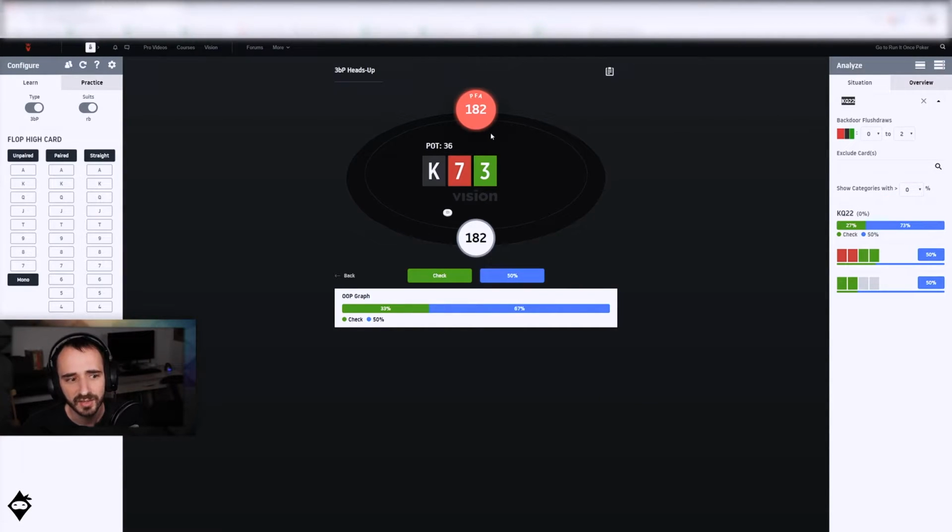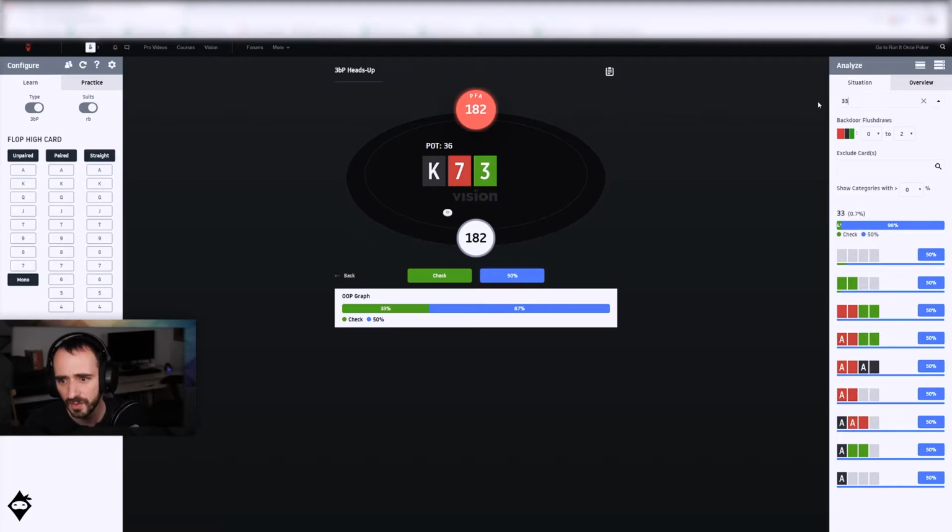And here, like I said, king-7-3 rainbow is the closest board that I could find to king-8-4. And I'm going to try to go through hands. We can't see all the hands at the same time, but kind of draw a picture of how the value hands line up for this kind of board, so that we know what to do with them.